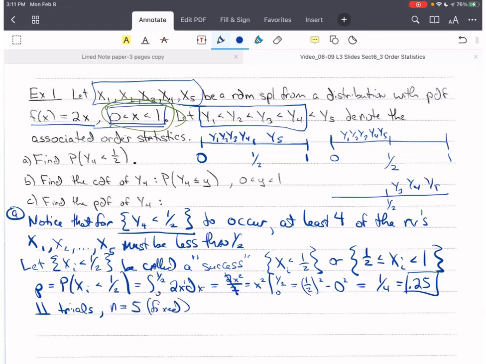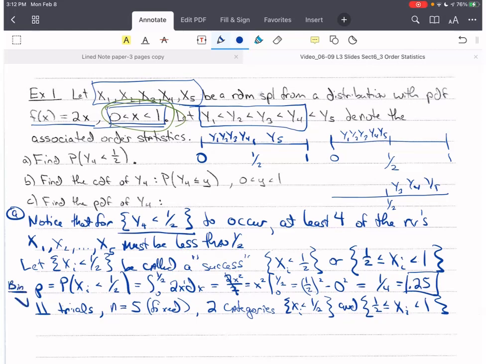That is a condition of the binomial. We have a constant p, and then we have two categories: xi less than 1/2, and xi greater than 1/2, but less than 1, of course. So this is a binomial.